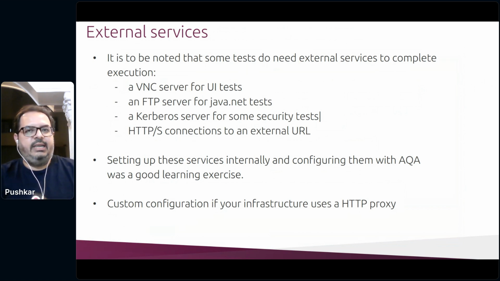Some of the Java net tests need an FTP server, and that FTP server configuration also needs to be provided. And some of the security tests need a Kerberos server, and supplying that configuration is what was not straightforward. But because of help from experts in the Adoptium community, we were able to set these external services up and configure them.